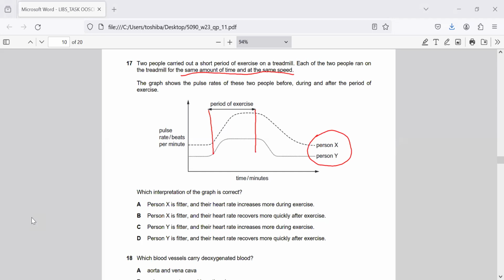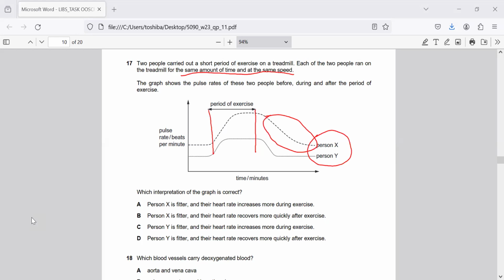Option A says person X is fitter and their heart rate increases more during exercise. If the person is fitter, their heart rate won't increase more during exercise. Option B, X is fitter and their heart rate recovers more quickly after exercise. Let's see. No, it doesn't recover more quickly after exercise.